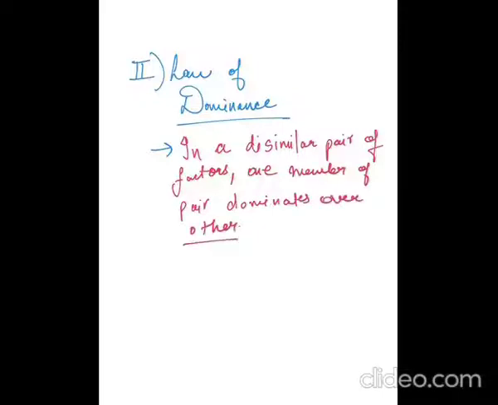As we have already discussed that factors occur in pair. So out of those factors, one member will dominate the other. Now this dissimilar pair is known as heterozygous condition.